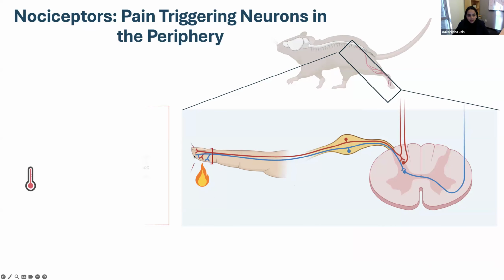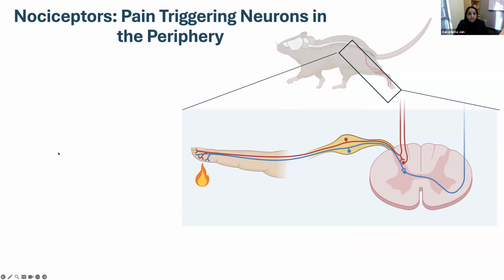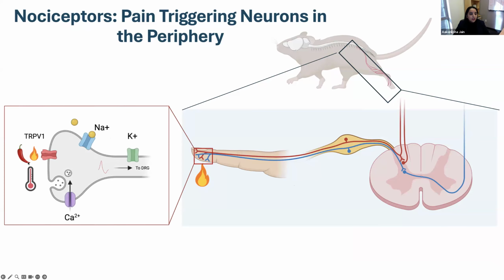So the terminals here, if you just zoom into it, are very interesting. They have, of course, sodium and potassium channels that lead to action potential generation, but also transducer channels called the TRP channels that can transduce non-electrical signals like heat, pressure, vibration, etc., into an electrical signal of action potential.